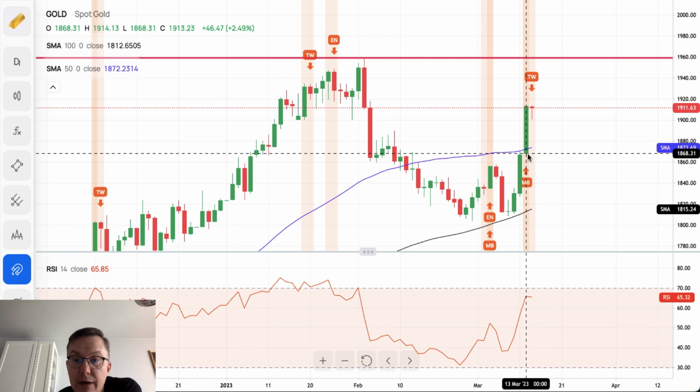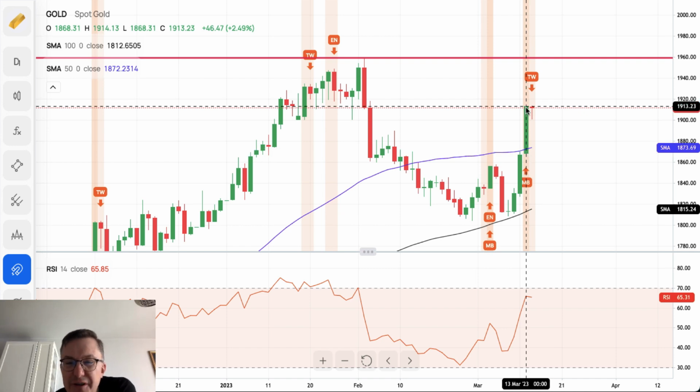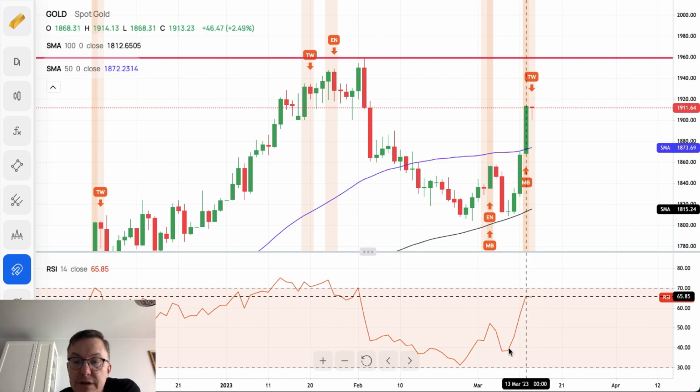So we have the Marubozu candle, which is very, very bullish, supported by the increasing momentum, which is now at the 65 level. So it's very, very strong. The bulls are ruling in the short term on the gold market.